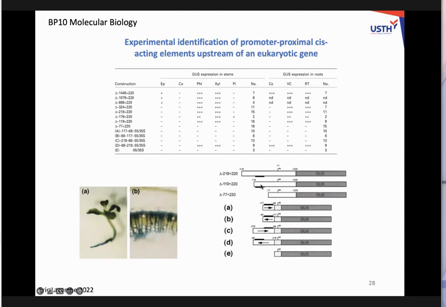So what has been done, we're going to look at construct A and B first, with the E as well. So A and B, what is it? It's a sequence that we characterized before, minus 119 till minus 77, that has been cloned in both orientations, so endogenous orientation or reverse orientation, in front of the minimal 35S promoter.